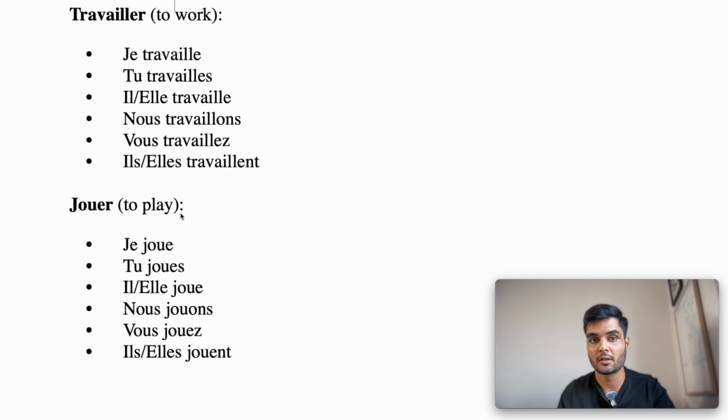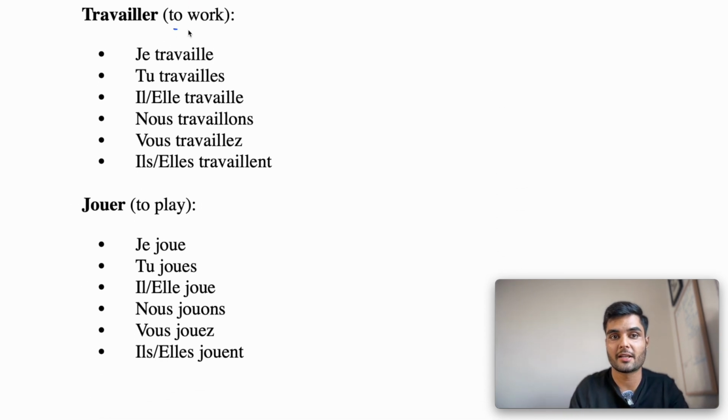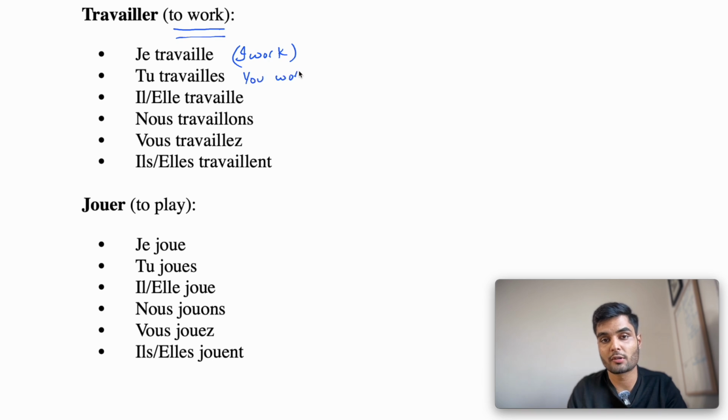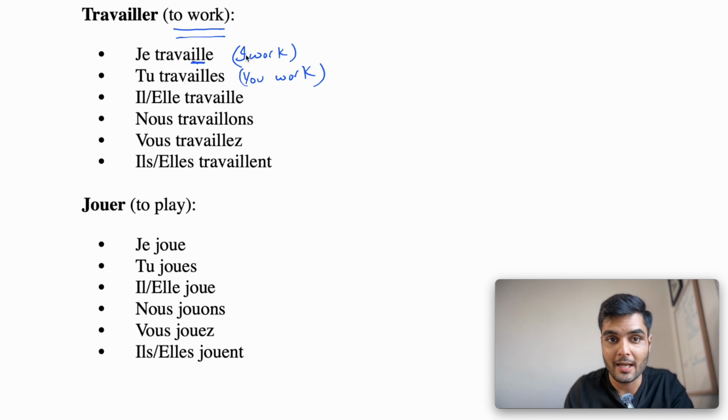Then we have travailler, verb travailler. Travailler means to work, to do the work, like actually to work something. When I want to say I work, that is je travaille. Okay, you work, tu travailles. Now talking about the pronunciations importantly, I-L-L-E, I-double-L-E at the end, they are not pronounced.